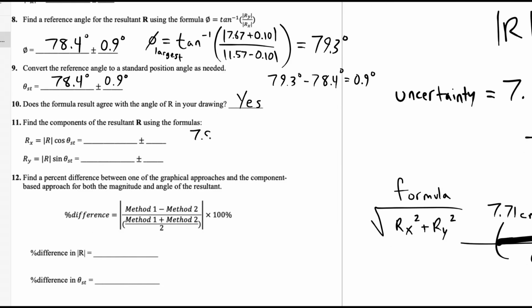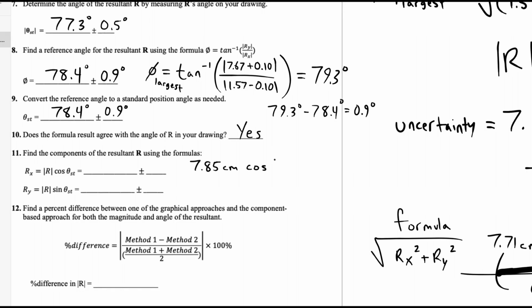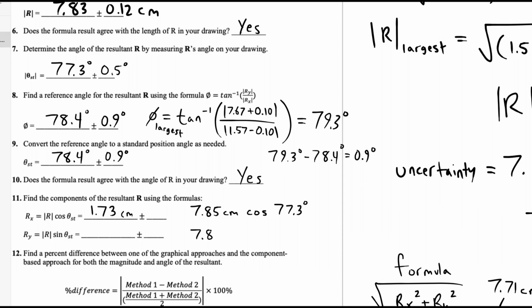So I'm going to do 7.85 centimeters times the cosine of the angle. I'll just use my measured angle. And I get 1.73. And then we want 7.85 sine of 77.3. I get 7.66.